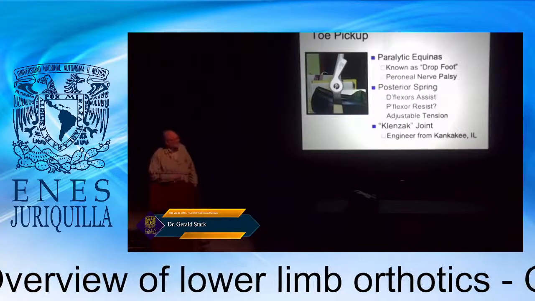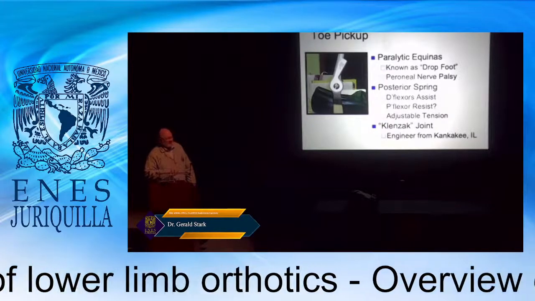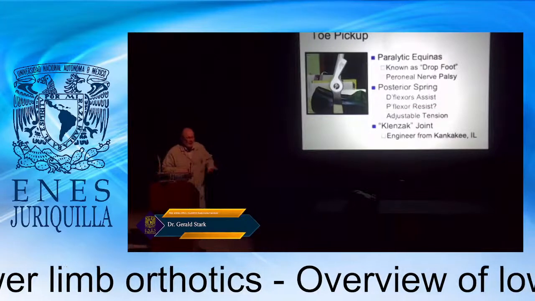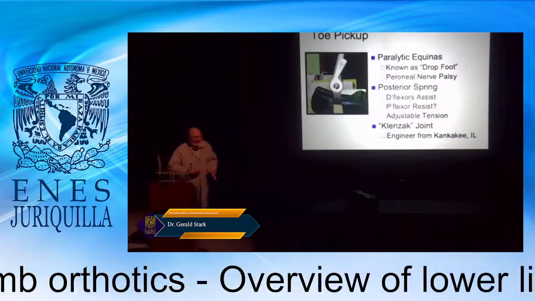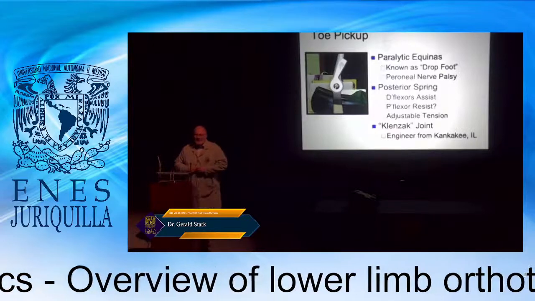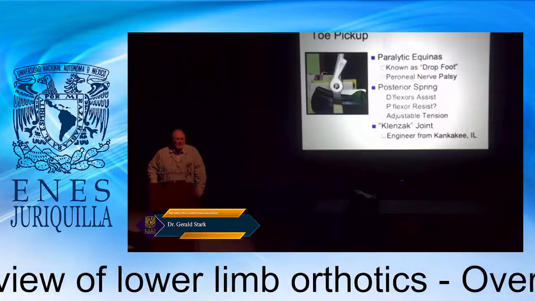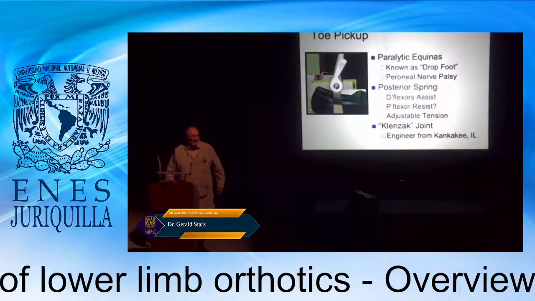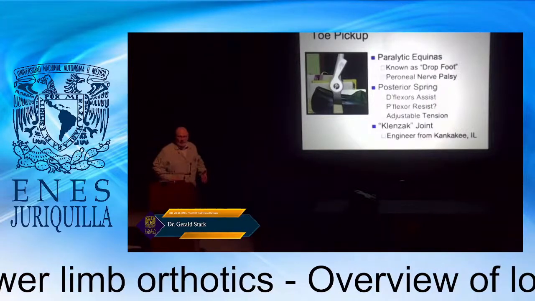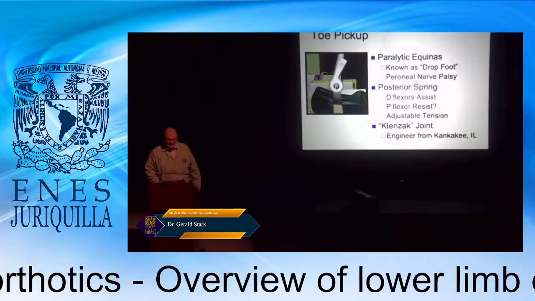So not only do they provide dorsiflexion assist, plantar flexion resist, they actually assist the toe and move in plantar flexion in late stance. And this is really exciting in terms of orthotics because it gives you the chance to provide prosthetic movement for your orthotic wearer. It allows you to actually load the toe and then have that release in late stance.